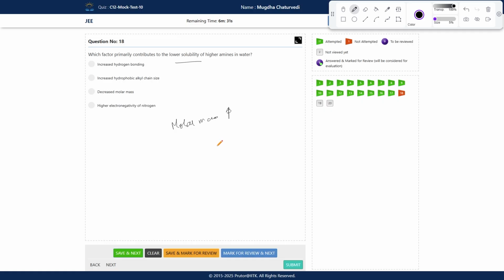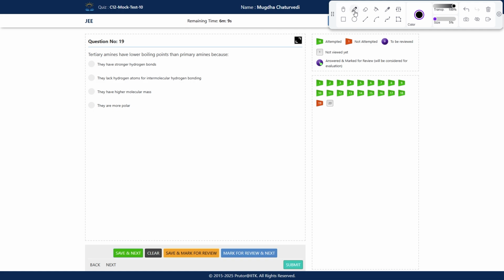The right answer will be increased hydrophobic alkyl chain, because hydrophobic means water repelling. So this factor primarily contributes to the lower solubility. The right answer is option B, increased hydrophobic alkyl chain size.